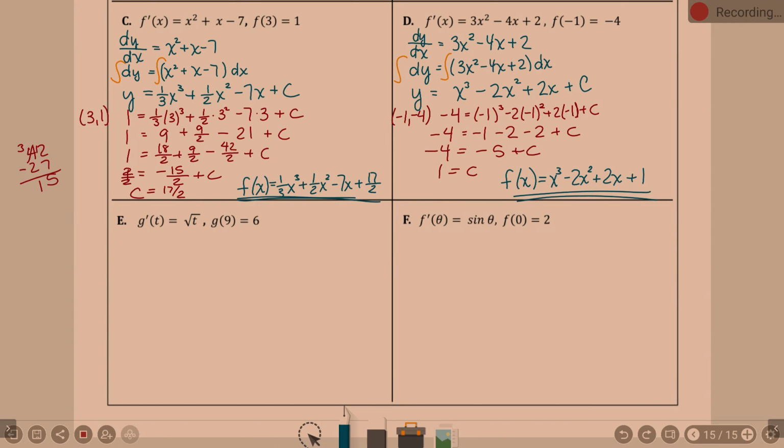But officially, this would be dg dt because the independent variable is t instead of x. And then what's another way to write square root of t that we might as well do now? t to the 1/2. I don't care, but you're going to need that thought at some point. So then dg is equal to t to the 1/2 dt.